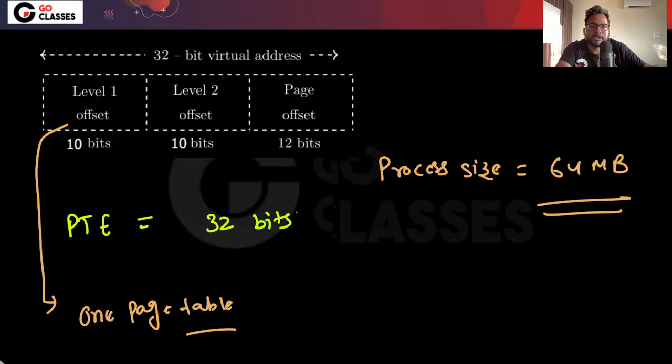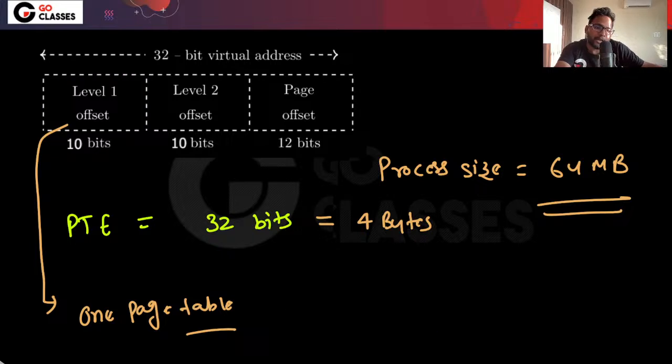So these are 32 bits, or if you like to write in bytes, 32 bits will be 4 bytes. So how much space will this outermost level be taking?